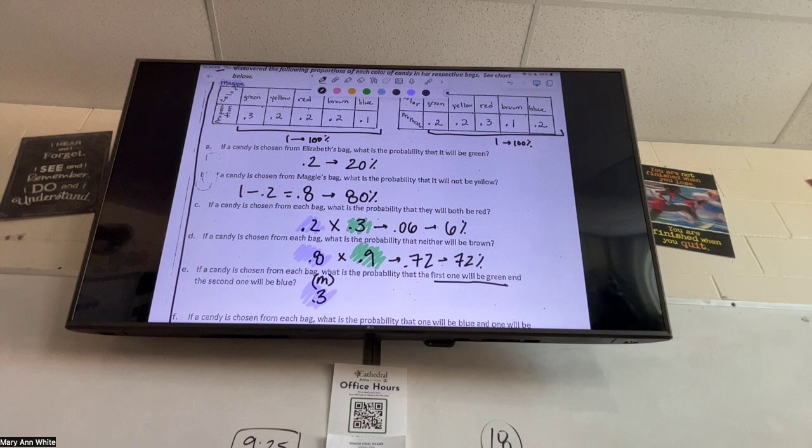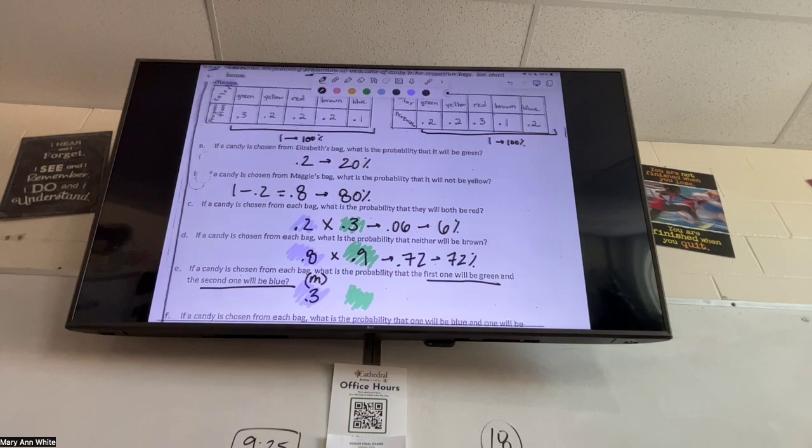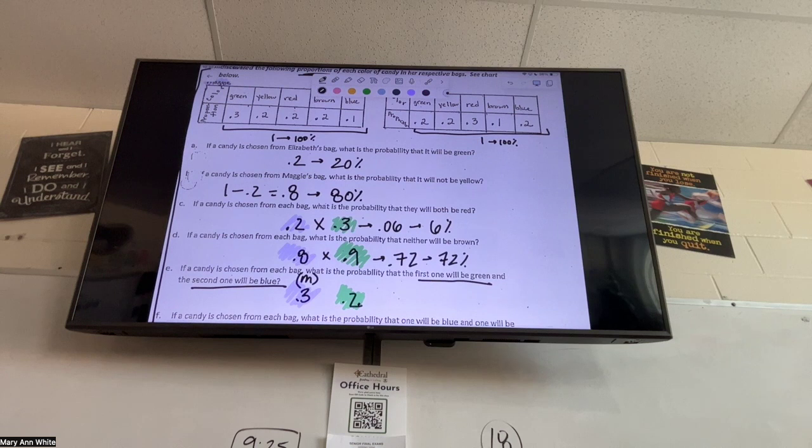And then we want the second one to be blue, so what's the probability in Elizabeth's bag we get a blue? 20%, good. Now what am I gonna do here? Multiply again. I want the first one to be green and I want the second one to be blue. I need both of those things to happen, so we're gonna multiply. So that becomes 0.06 again, which is 6%.